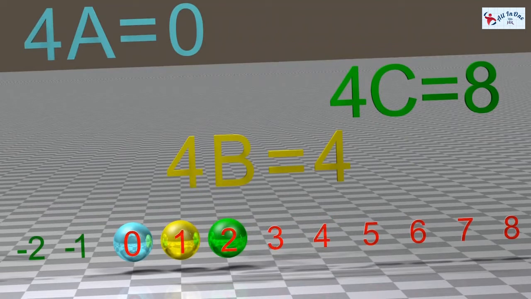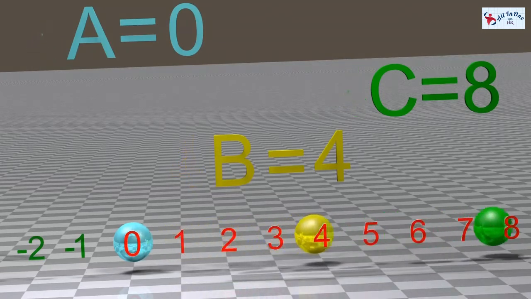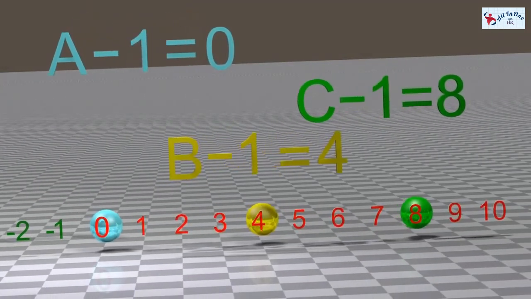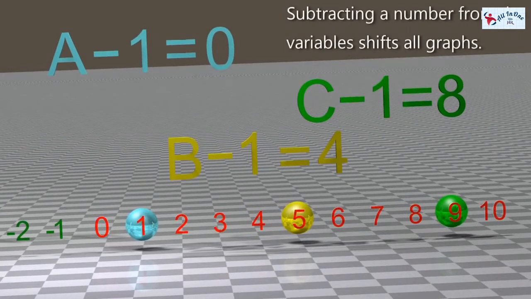The solutions to the equations are now squished together. Subtracting a number from the variables shifts all graphs.